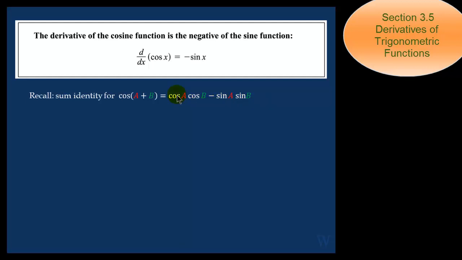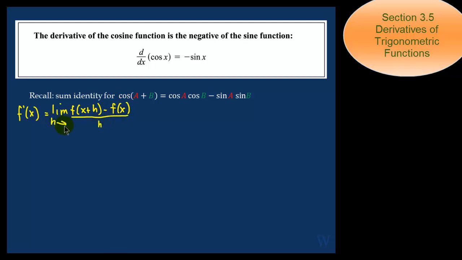So the same thing as we did in taking the derivative of sine x, we will take f prime of x by definition equal to the limit of f of x plus h minus f of x, whole thing divided by h.